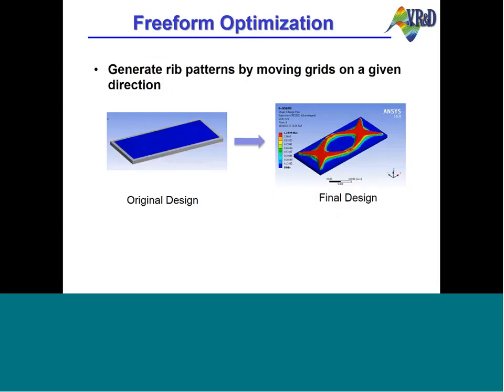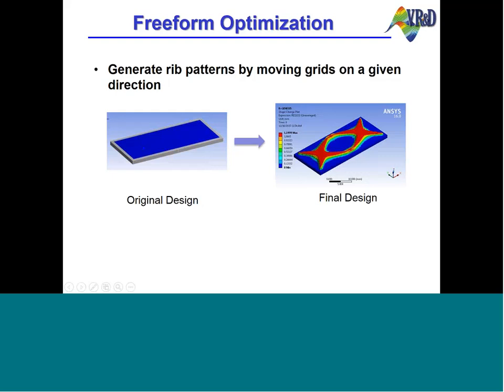Freeform optimization is similar to topography optimization. Topography is typically used for shells, and freeform is used for solid structures. It can also generate rib patterns by moving the grids along the given direction.